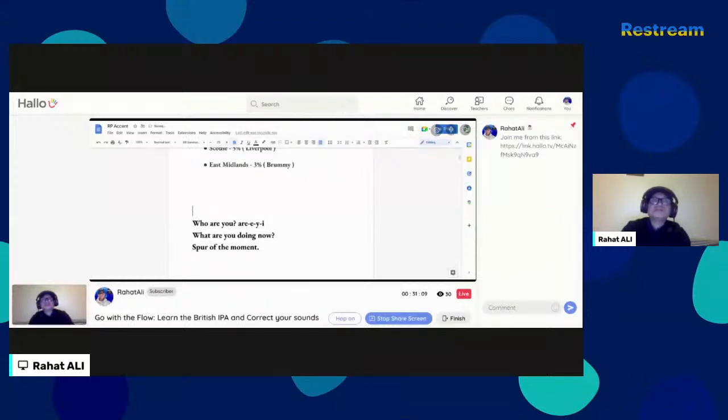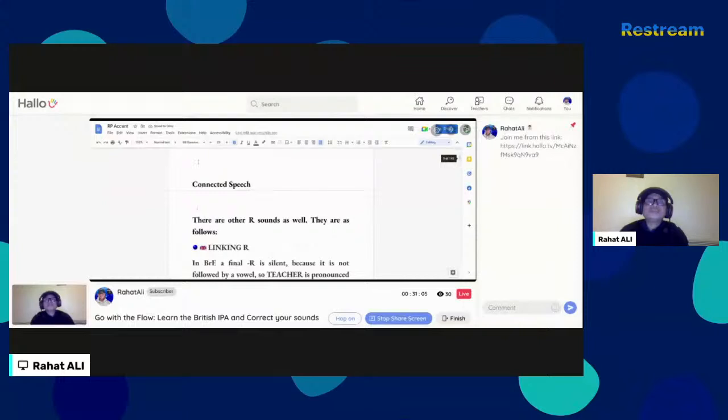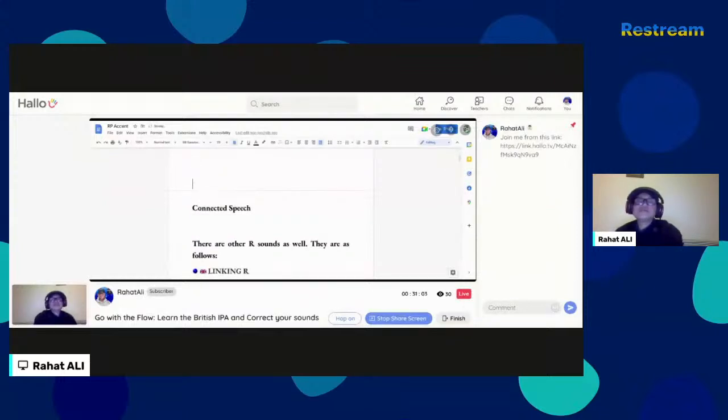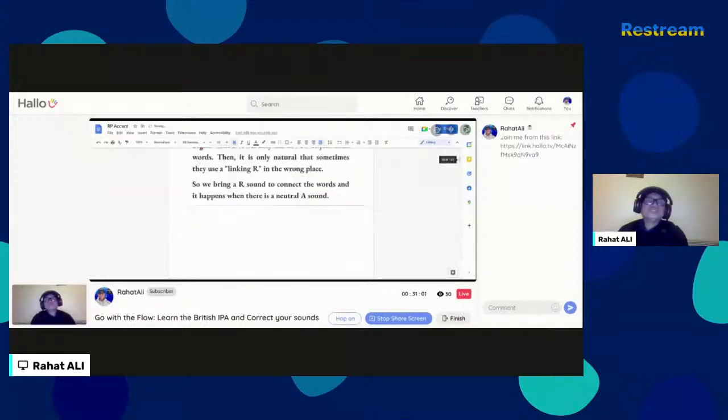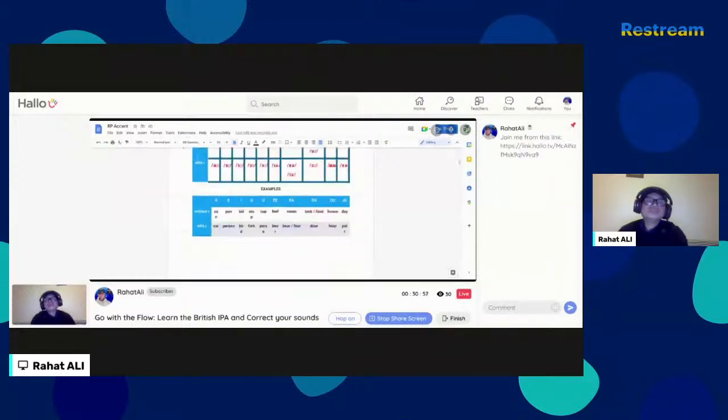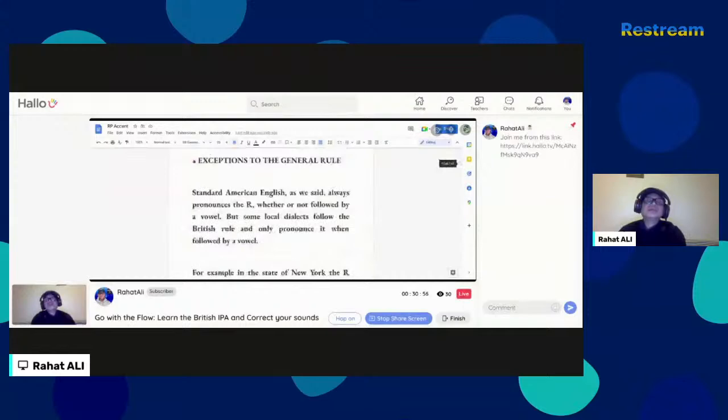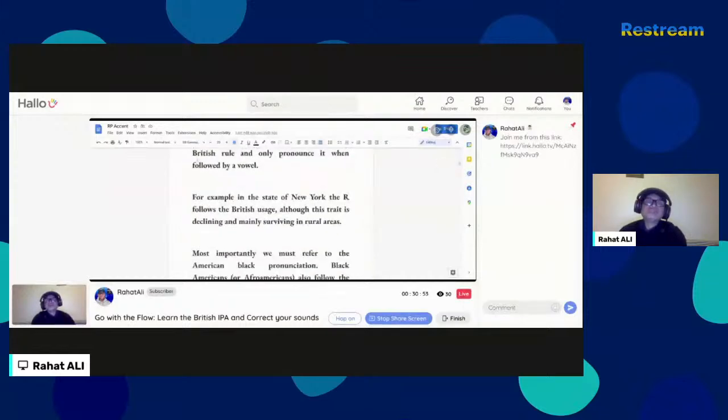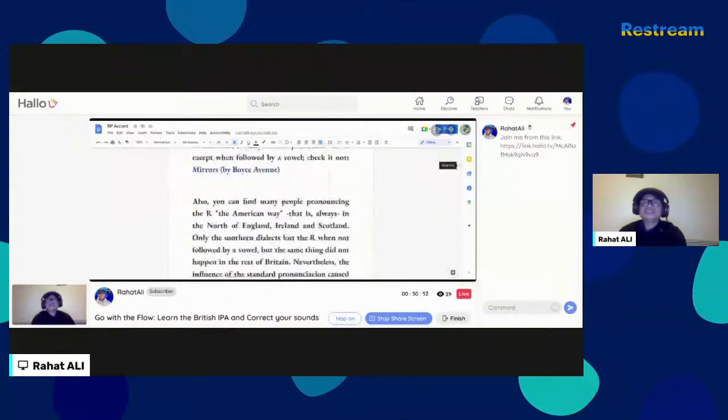So those are the very basic briefing of the words. We covered connected speech, intrusive R, long sounds, short sounds. Yeah, we have to cover today because we are in the second half.